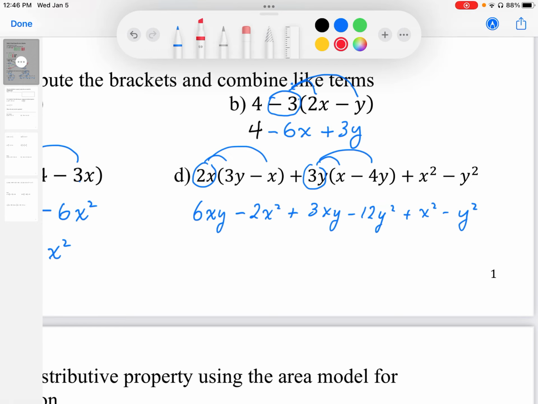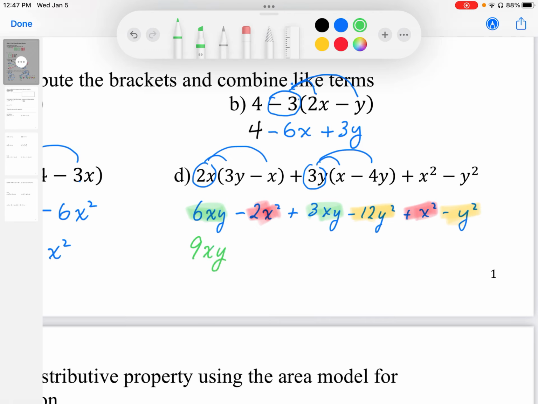So here we have like terms. We have xy terms here and here, like terms of x squareds and x squareds, and like terms of y squared with y squared. For the xy terms, I'm going to count them up. I have a total of 9 xy terms.